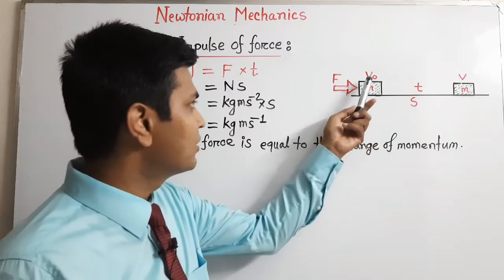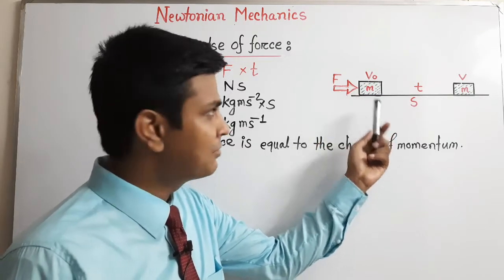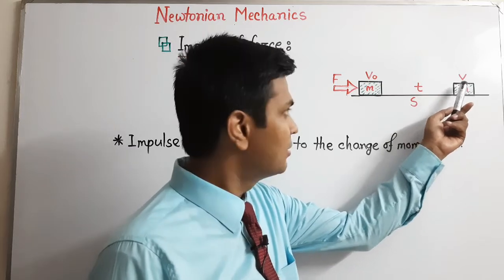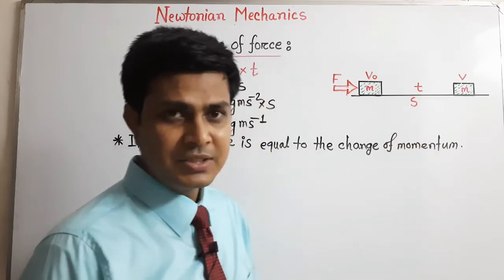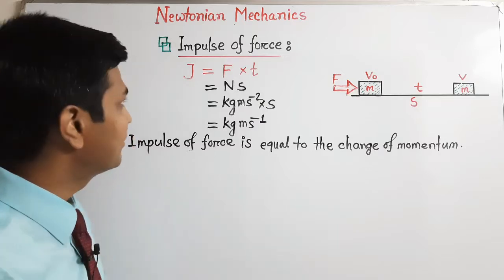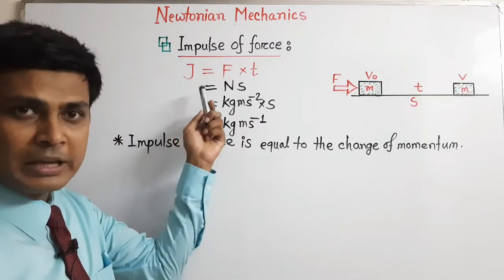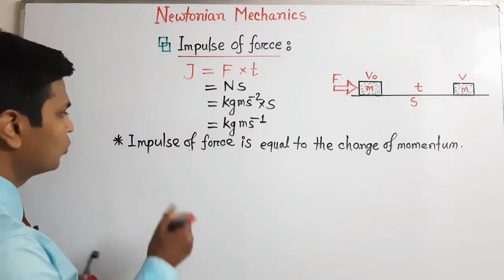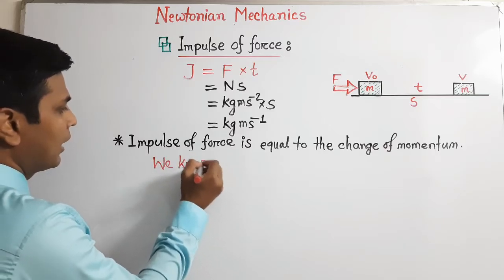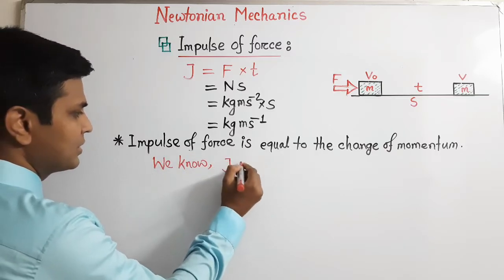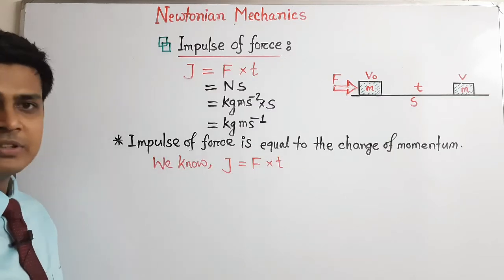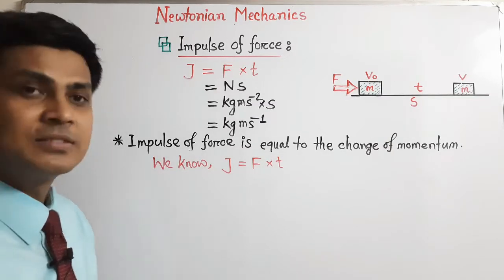Its initial velocity was v naught, and after t seconds the velocity is v and it travels s distance. Now if we apply the formula of impulse of force, according to the definition, J equals F into T. F is the force and T is time.